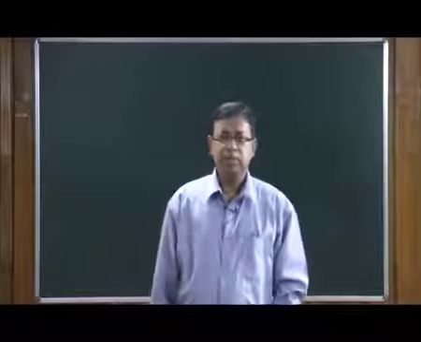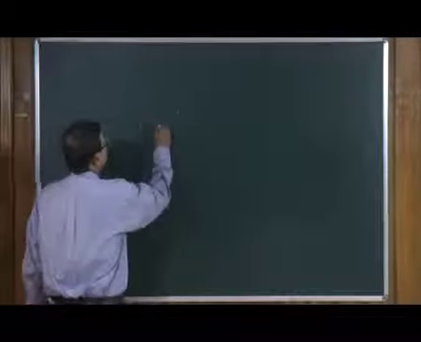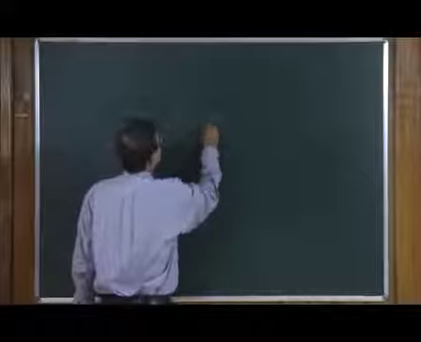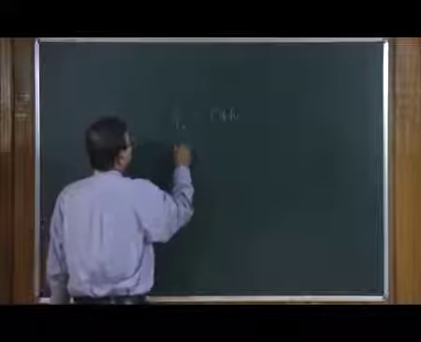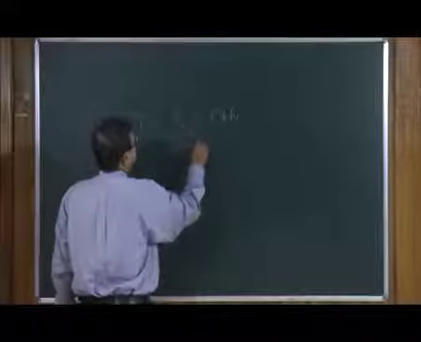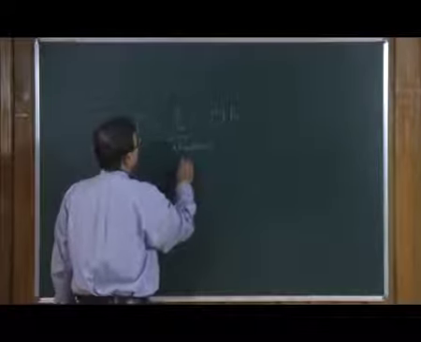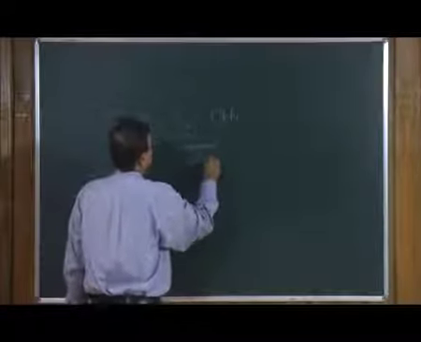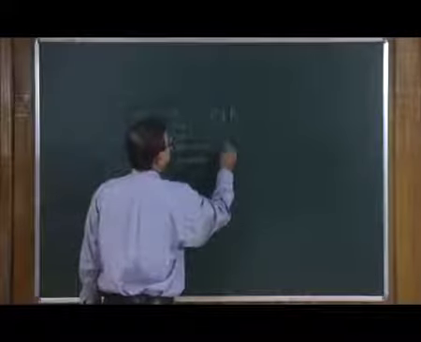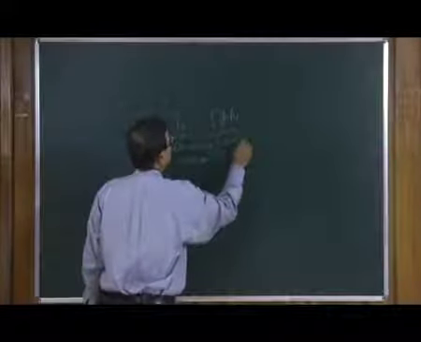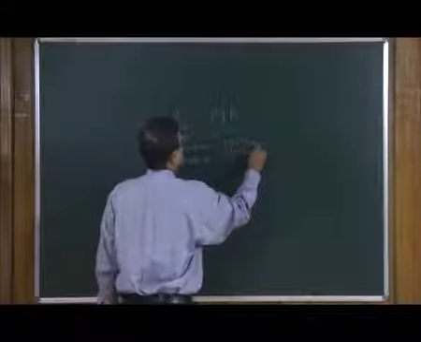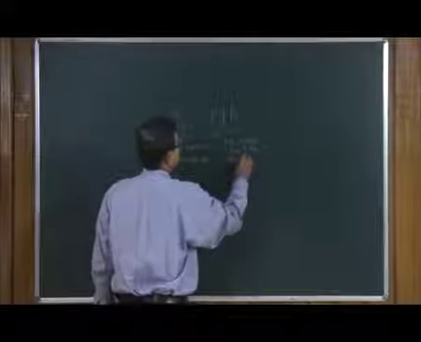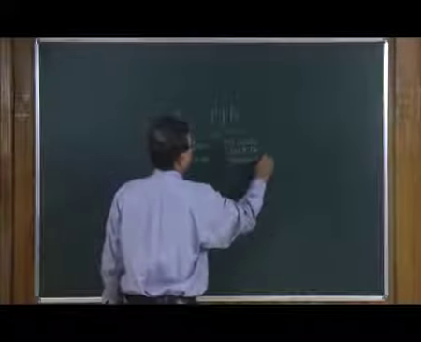Having looked at the expression for pressure, which is given as P equal to P0 plus rho g h, this P0 being the atmospheric pressure as we have discussed, and this being the pressure due to the liquid column of height h.